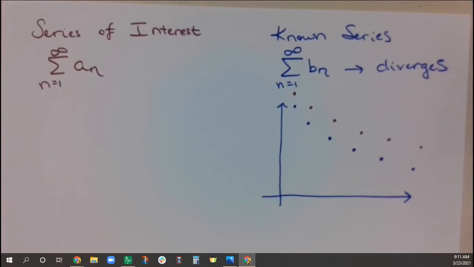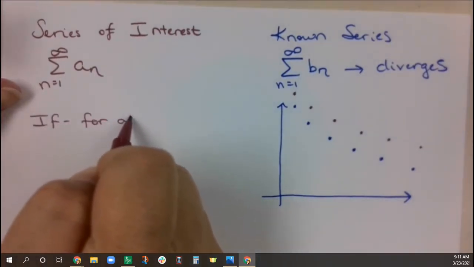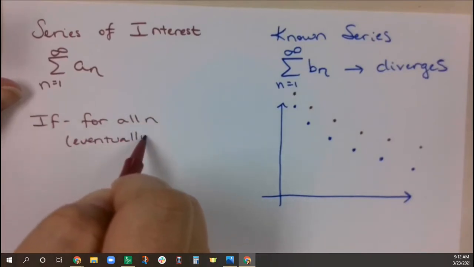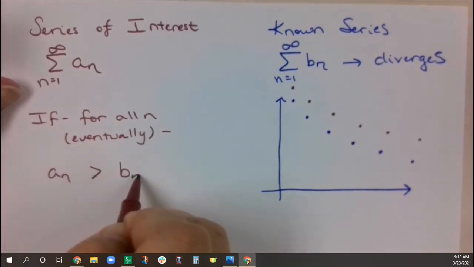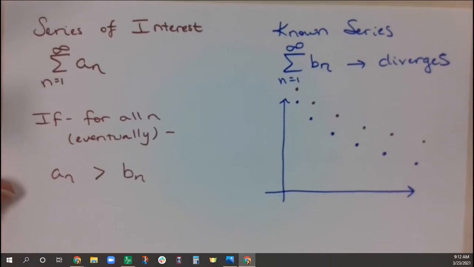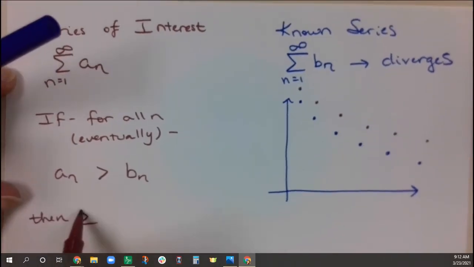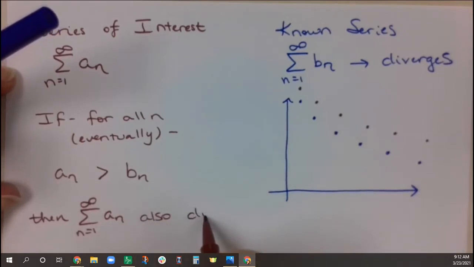And so in this case, we would say if for all n eventually A sub n is greater than B sub n, then our infinite series A sub n also diverges.